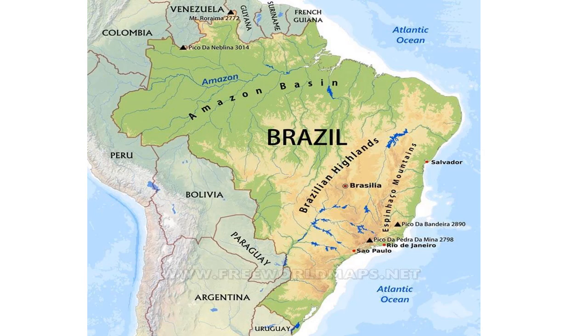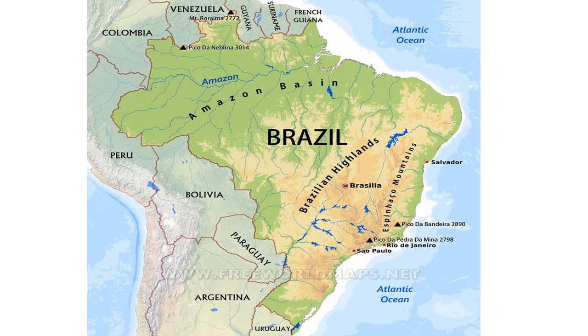Now this is the physical map of Brazil, which shows us the physical features of Brazil. The main river is the Amazon, which starts from the country called Colombia, enters Brazil from the western part and flows till the east.